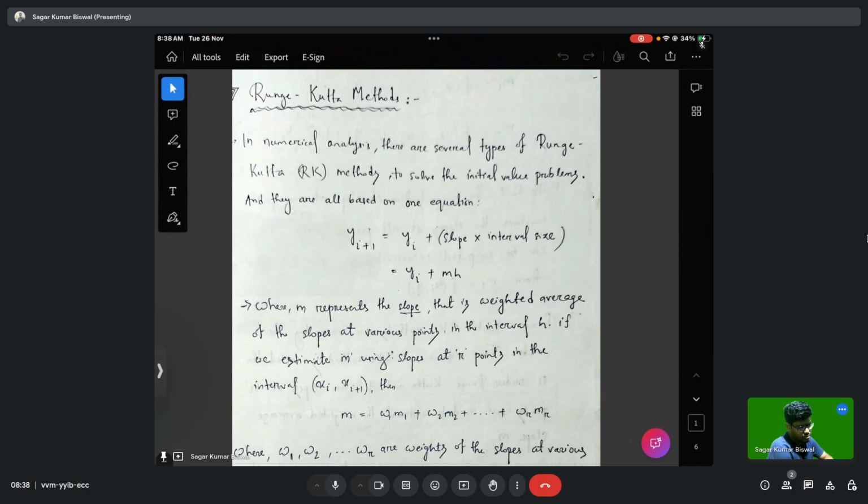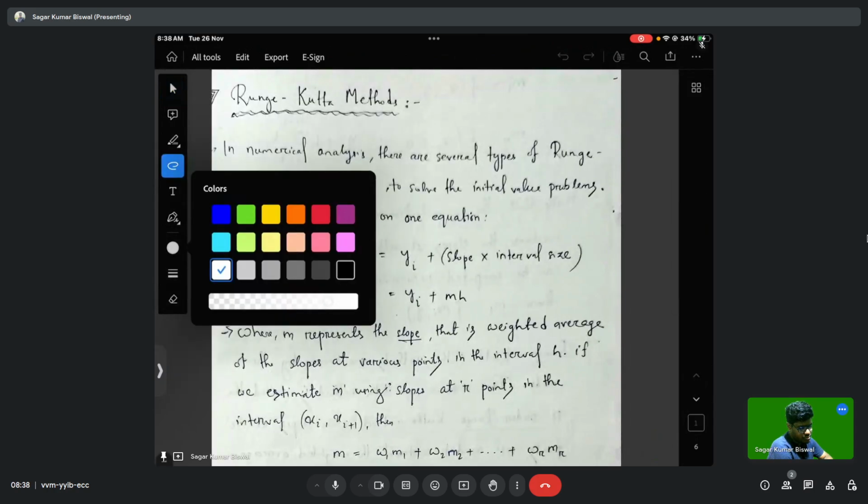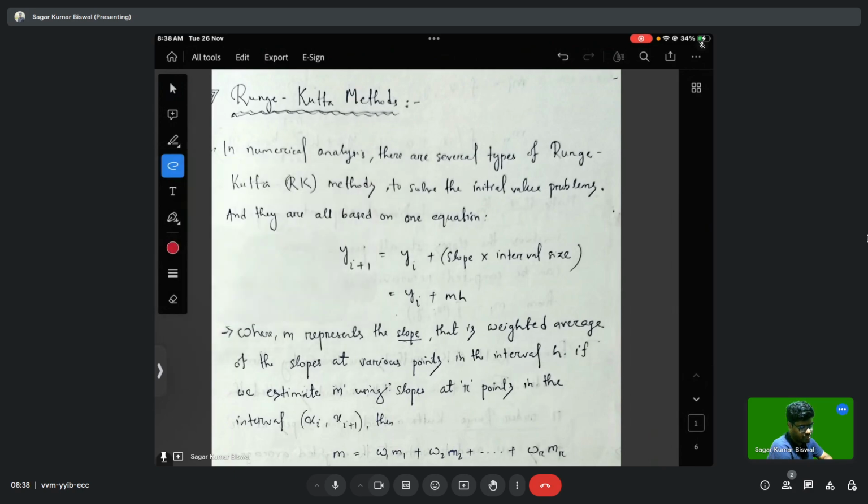These Runge-Kutta methods are very important from a numerical analysis perspective because they are used heavily. In numerical analysis there are several types of Runge-Kutta methods to solve initial value problems, and they are all based on one equation.